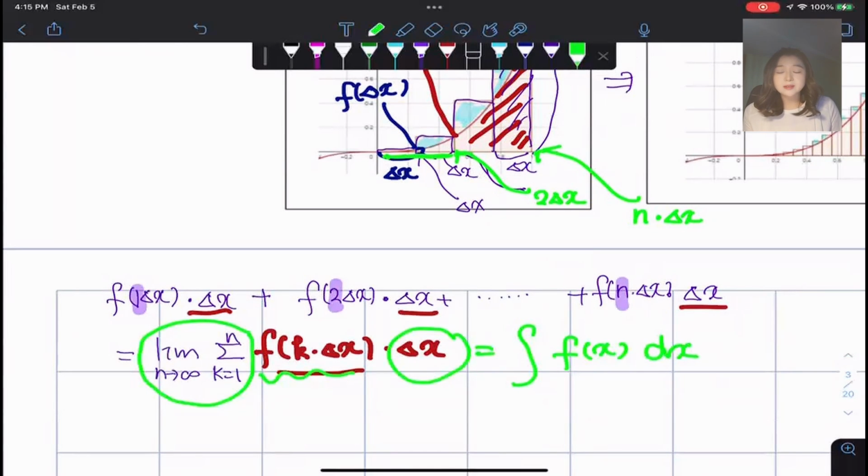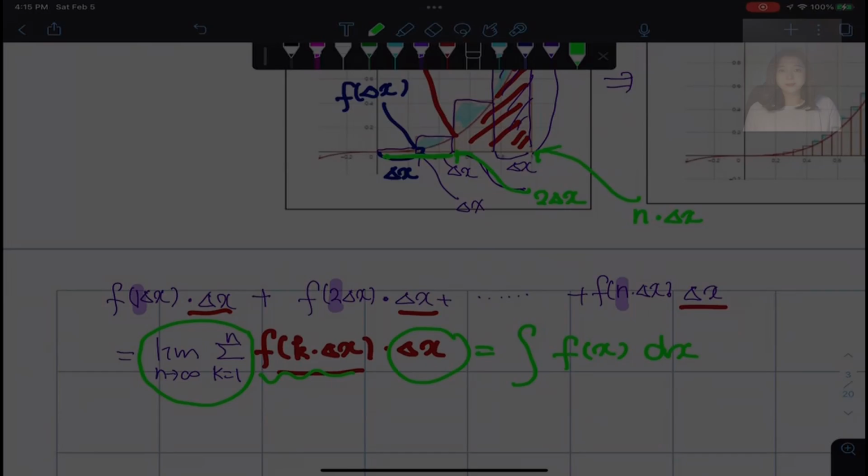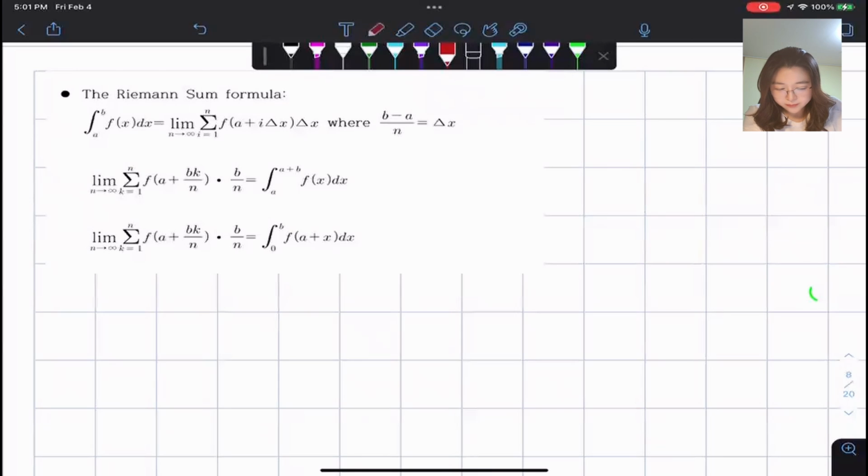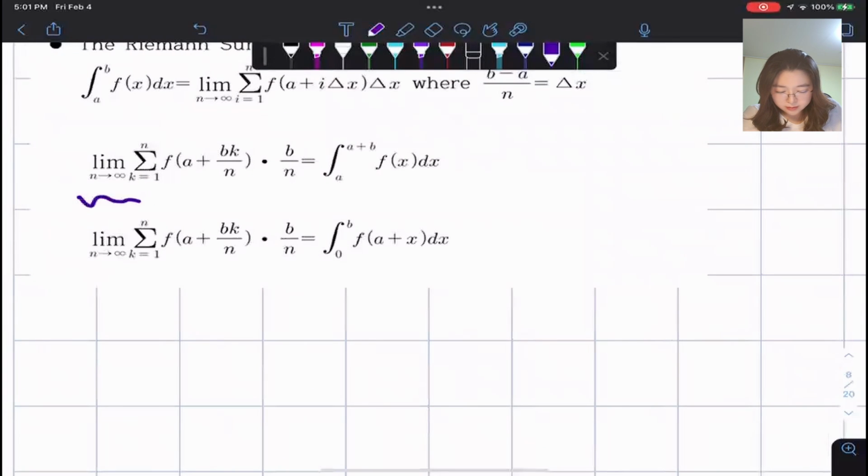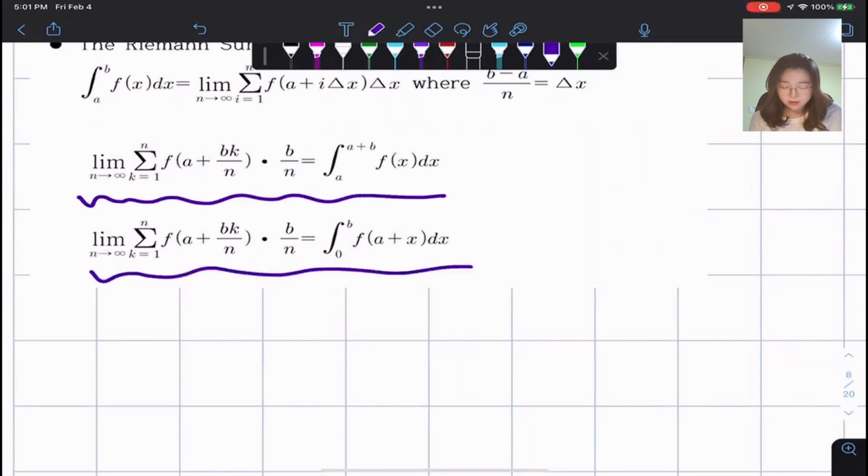This is integration. Let's look at this concept deeply by using the formula. Okay, look at this Riemann sum formula. In these two equations, the front part is the same, but the latter part is different.